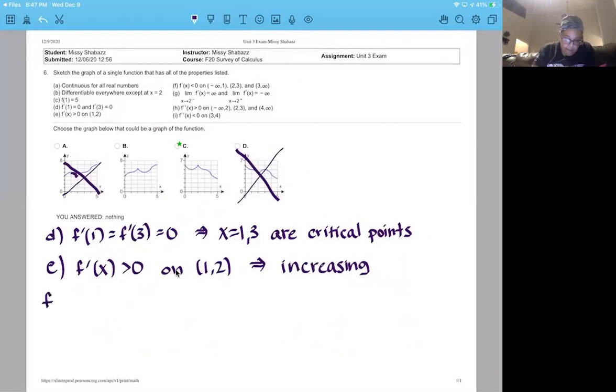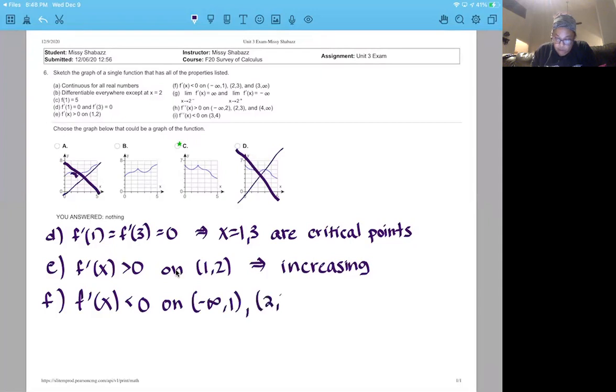Part F says f prime of x is less than 0 on negative infinity to 1, 2 to 3, and 3 to infinity. All right, so that means it's decreasing on all of those intervals.